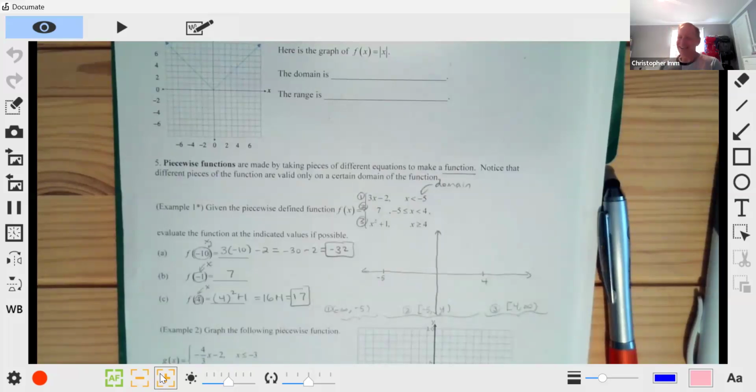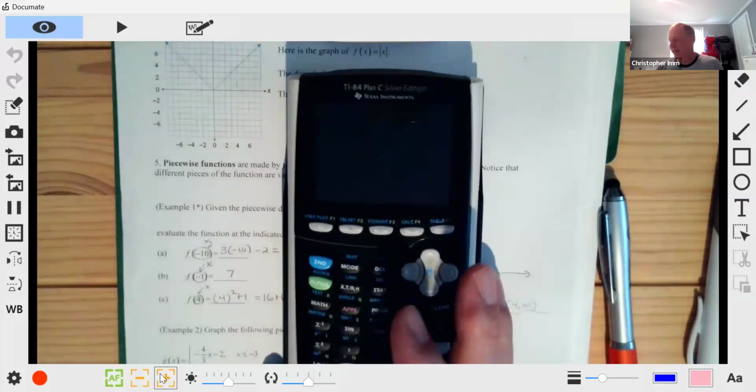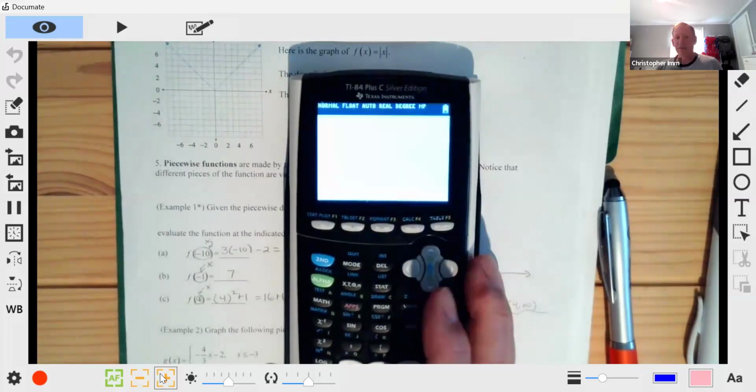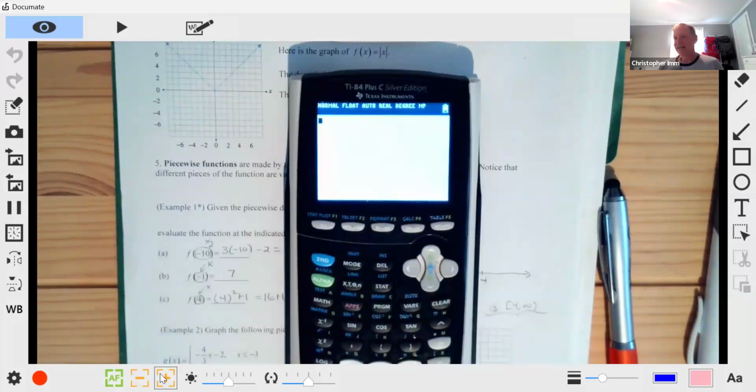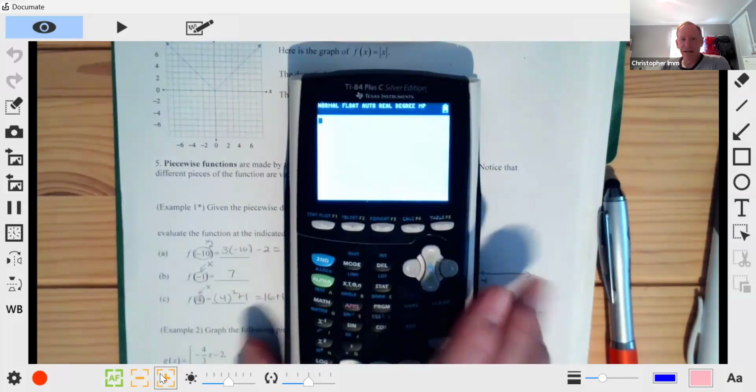I know that another thing you're interested in is looking at the differences between the calculator you're using and the one that would be used on the exam. So I have my 84, which is something that you would be able to use on the exam. You're going to find that this calculator is actually very similar to yours, so you shouldn't have to get a new one for practice.